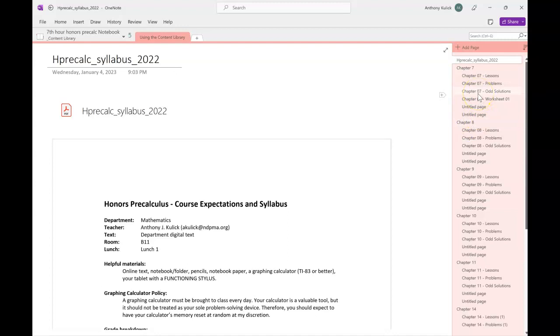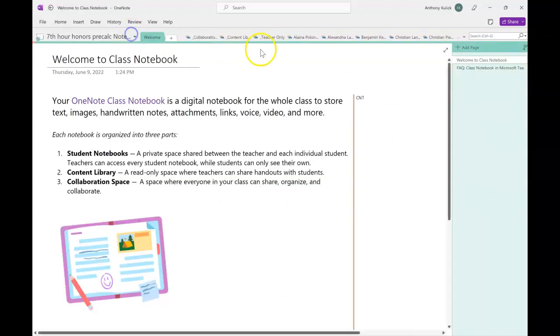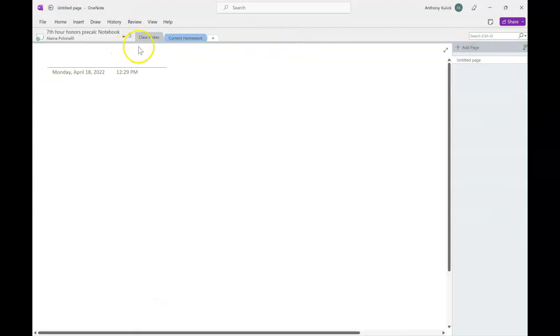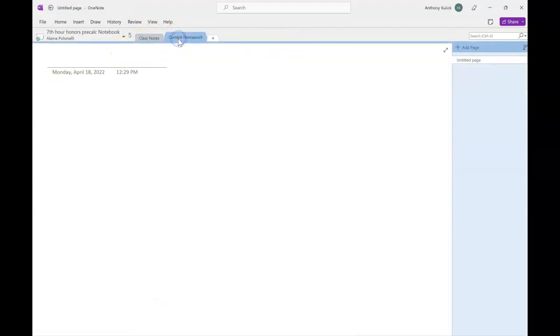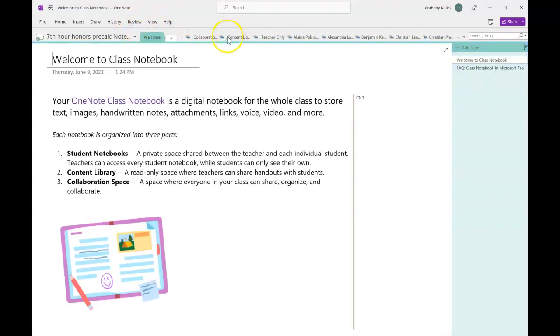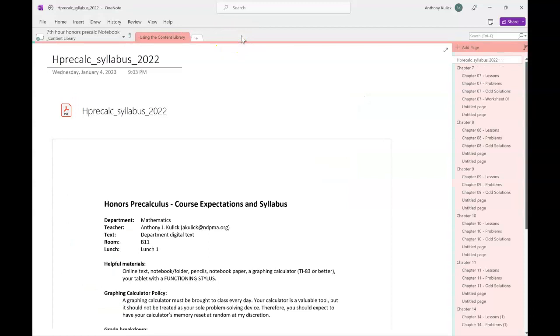And then the third one will be your name. Inside your name, you'll see a section for notes and a section for the homework. I check all of the homeworks through OneNote. When it gets closer to a homework due date, we'll talk about how that works. If you had me last semester, it's going to work the same way.